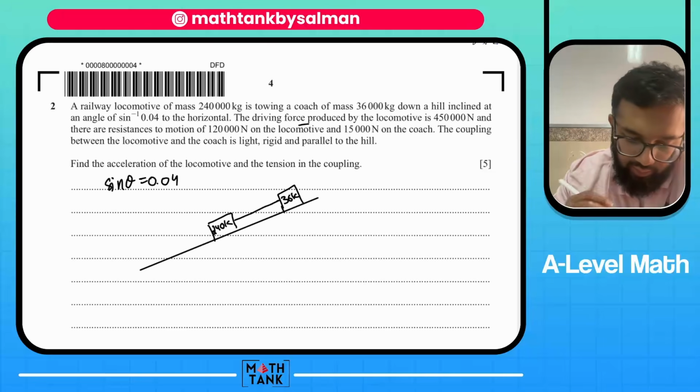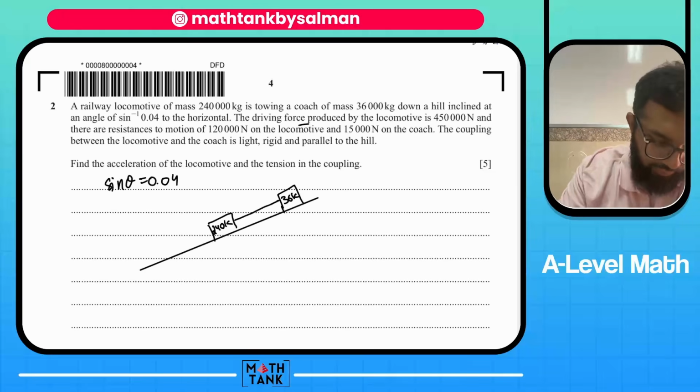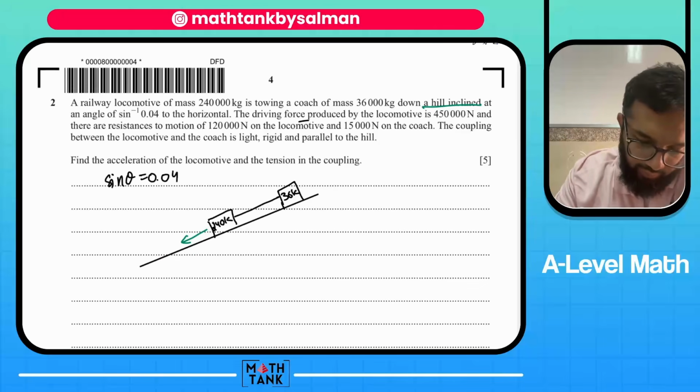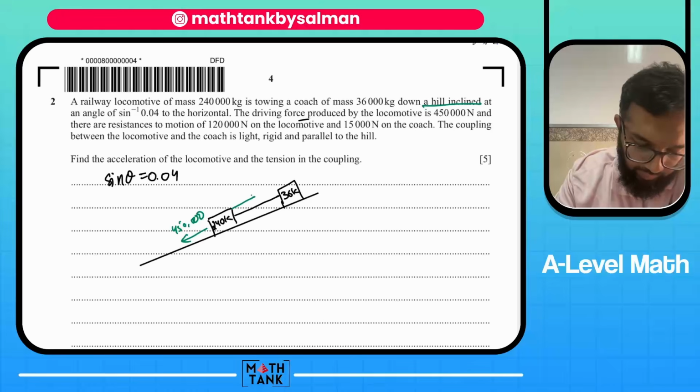The driving force is 450,000, going down the hill, and the resistances to the motion are 120,000 on the locomotive and 15,000 on the coach. There's obviously tension in the coupling. Find the acceleration of the locomotive and the tension in the coupling.